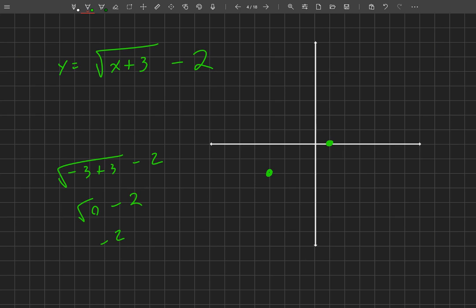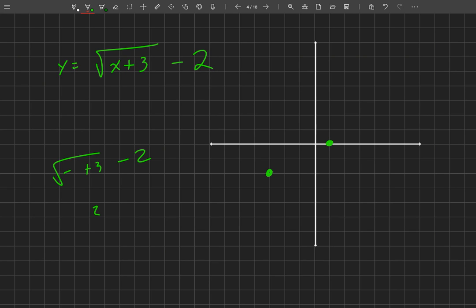What if I plugged in negative 1? Let's plug in negative 1. Oh, that's not right. Negative 1 plus 3 is 2. Wait, I don't want to do that. What do I want to do? I want to plug in negative 2.